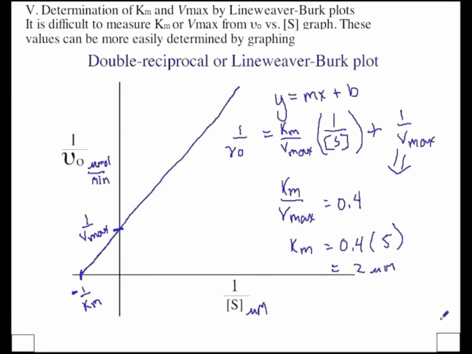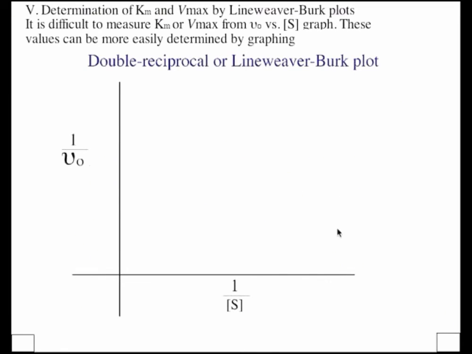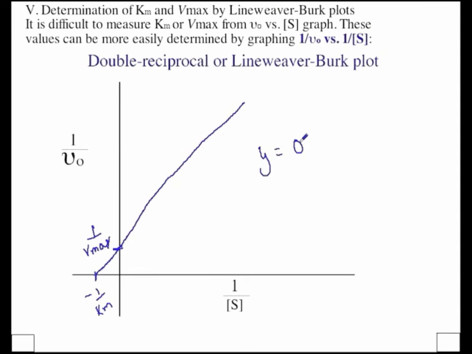So going back to the equation, y equals 0.4x plus 0.2, we know that when x equals 0, y is 1 over Vmax.